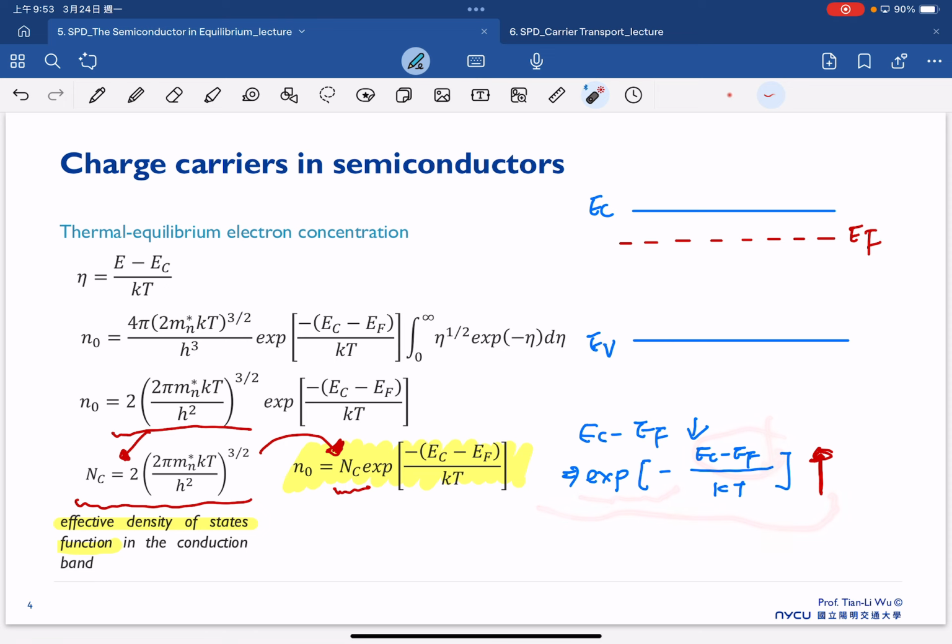So that suggests our N0 is increased. In this case, we might have an electron concentration larger than the hole concentration, N0 larger than P0, and this suggests the material is becoming an N-type semiconductor.